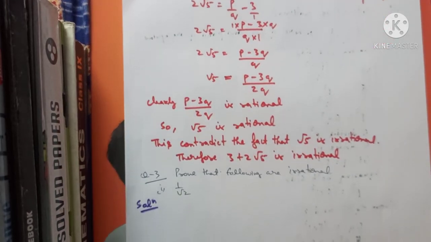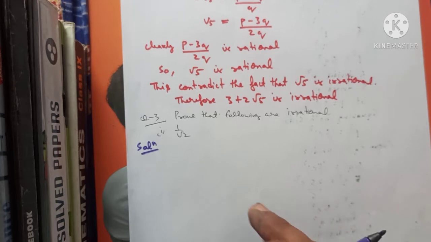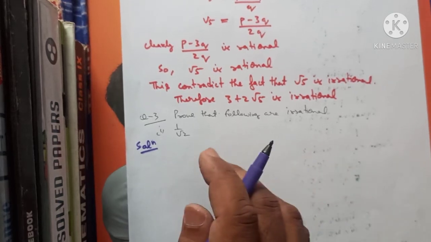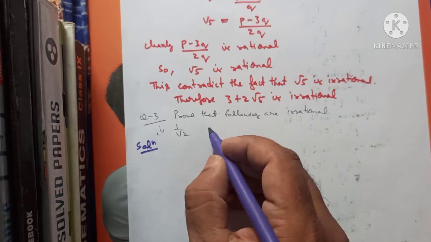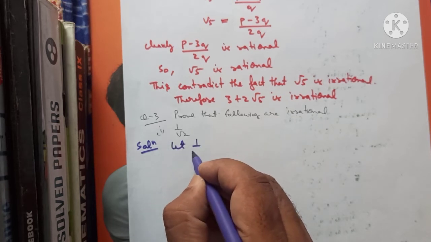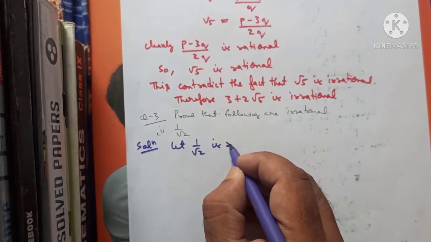So similarly, the third question: prove that the following are irrational. Part number 1, that is 1 upon root 2. In the similar manner, let 1 upon root 2 be rational.